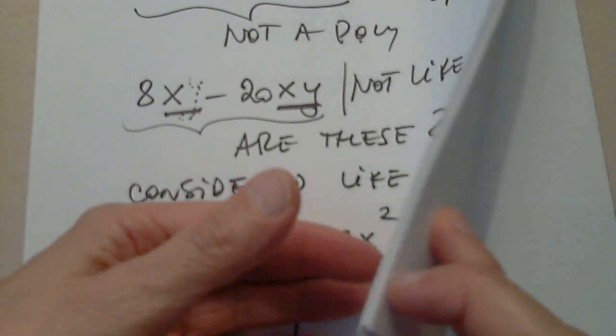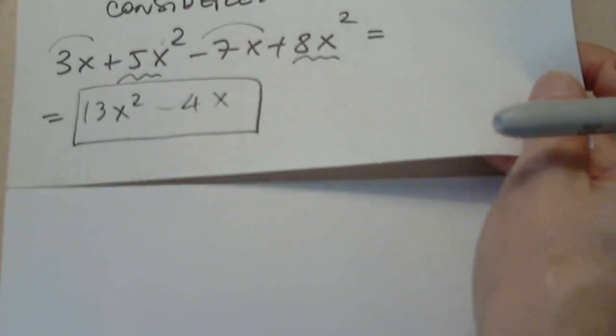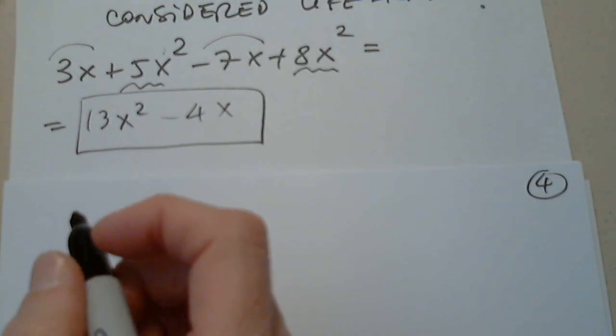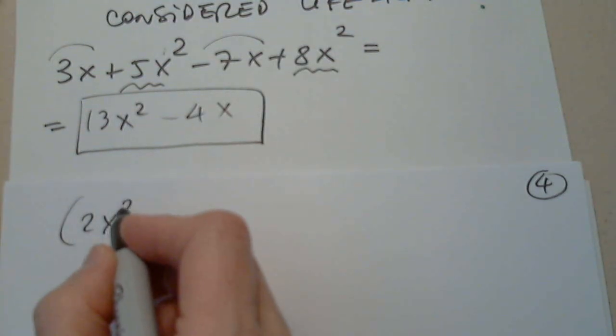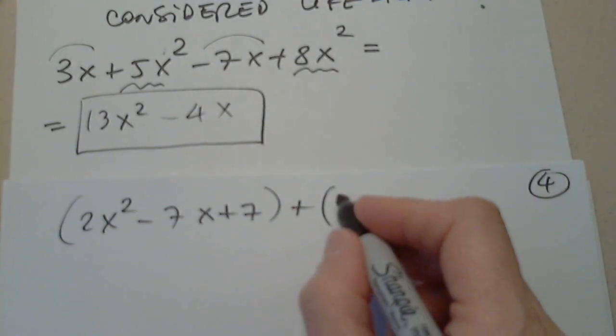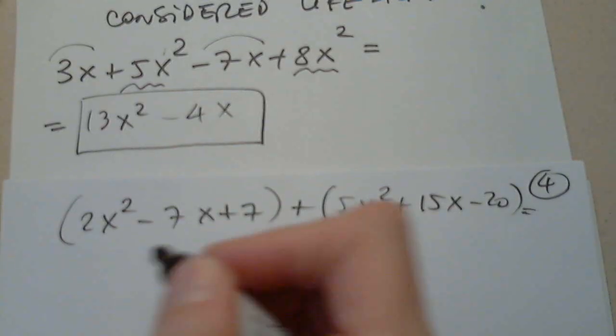Good. Any questions so far? Please, any questions? Okay, let's add some polynomials, like 2x squared minus 7x plus 7 plus 5x squared plus 15x minus 20.